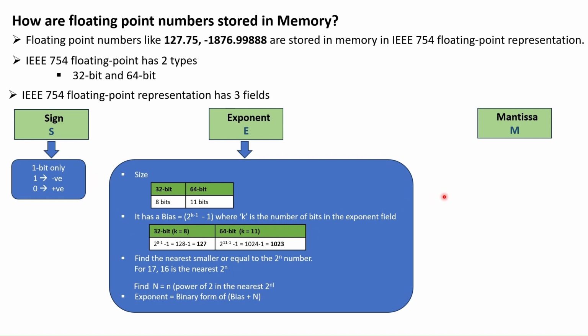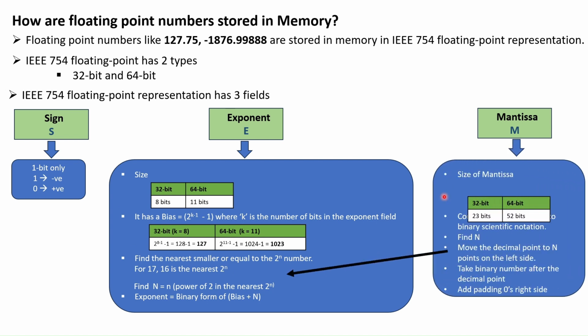Next, the third part is the mantissa. For a 32-bit number, it is 23 bits. For 64-bit, it is 52 bits. First we will calculate the n, as we did here.